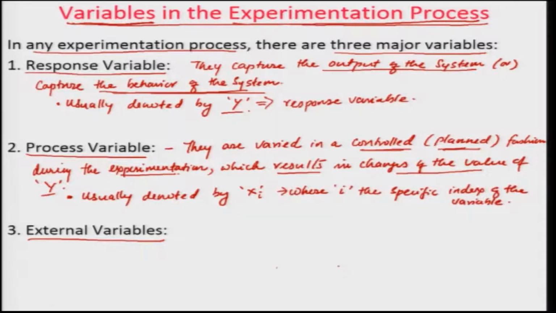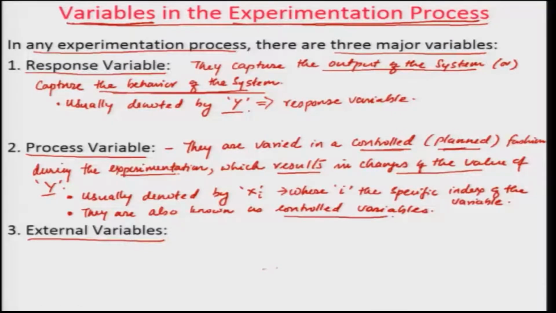And because these variables are controlled, they are also known as controlled variables. Why are they called controlled variables? Because they are varied in a controlled fashion.